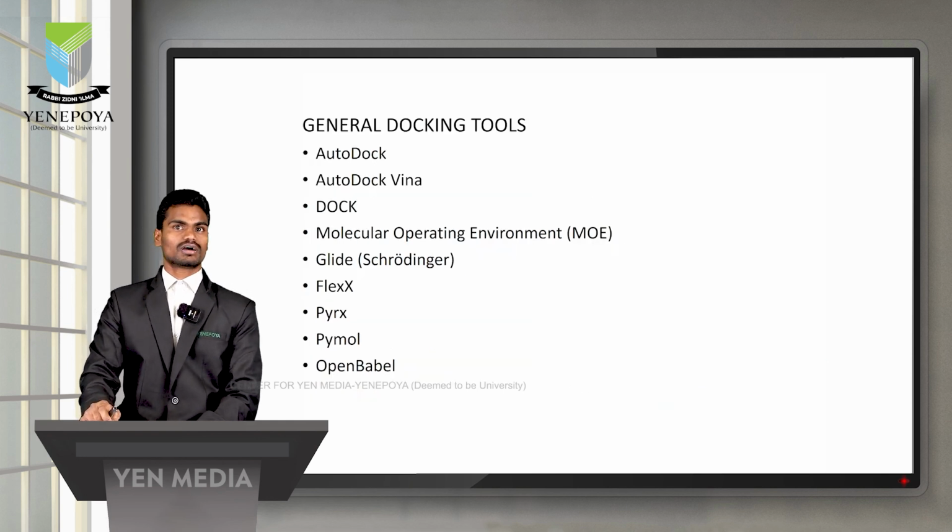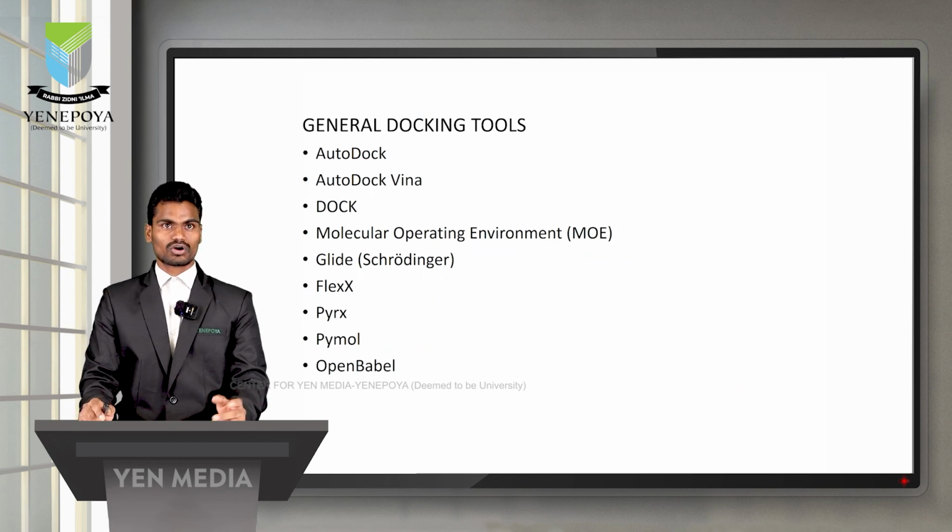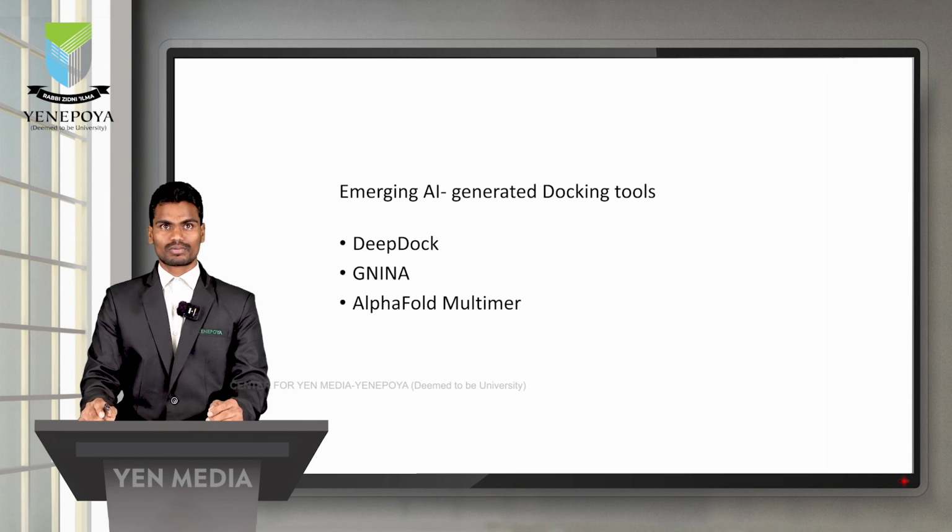So these are the normally used general docking tools, where we can see AutoDock, Vina, Dock, Molecular Operating Environment, simply MOE, and Glide or Schrodinger, Flex, PyRx, PyMOL, Open Babel, and these are some newly developed docking tools which are working upon AI generation. So these are DeepDock, Gnina, AlphaFold Multimer.